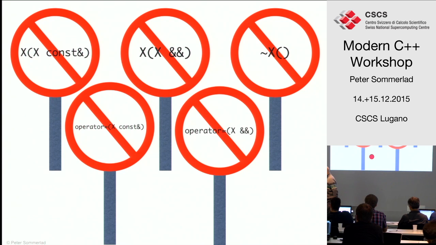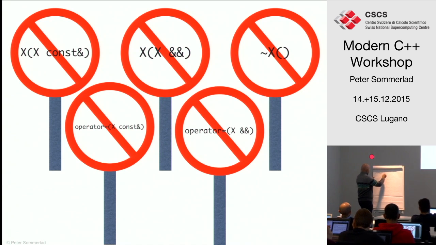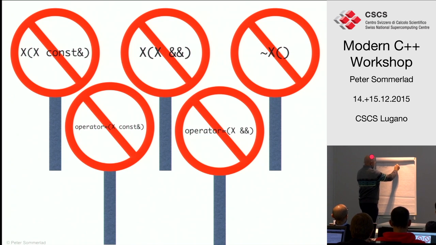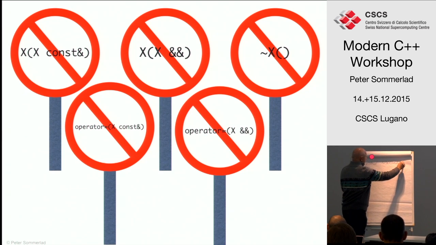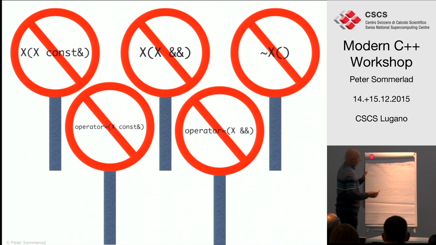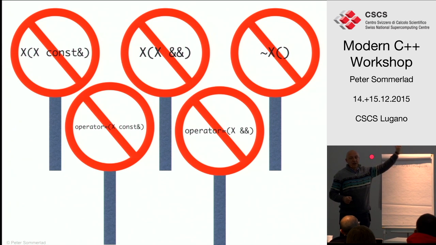I have to write that down. So the only thing that I allow you is for a class X, only in special cases. You have a hierarchy and X is a base class, you write virtual tilde X equals default. All the other signatures don't belong in your classes.